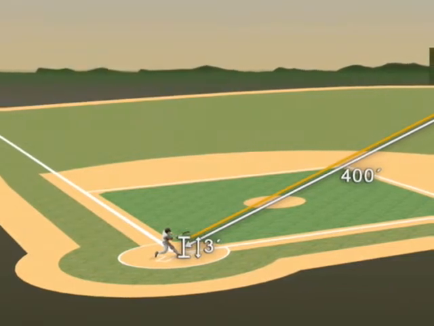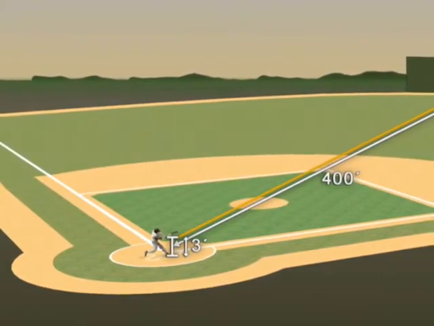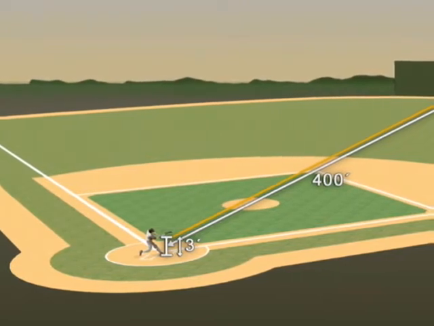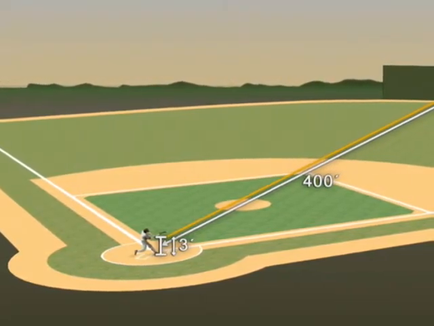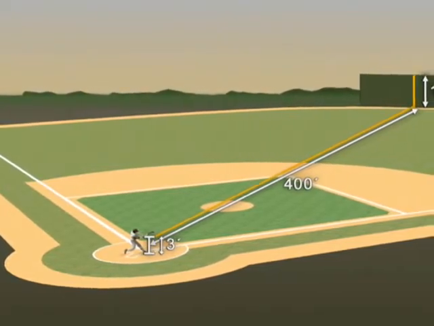Suppose the initial speed of this baseball coming off the bat is 100 miles an hour. I know some pitchers can throw the ball 100 miles an hour, so let's assume it comes off the bat at 100 miles an hour.